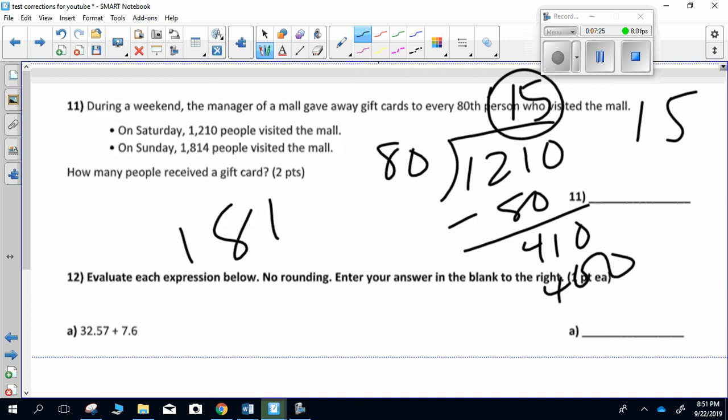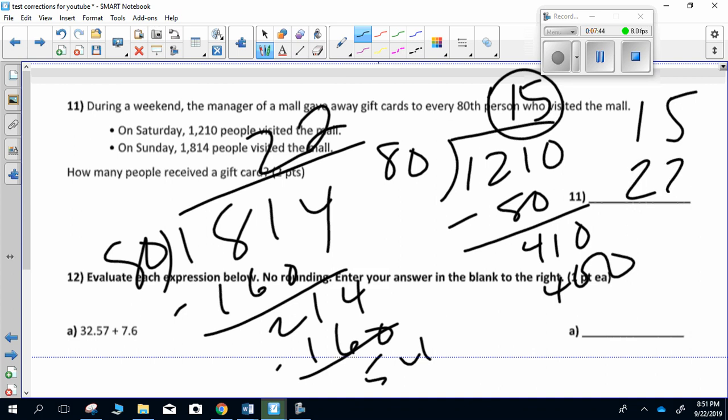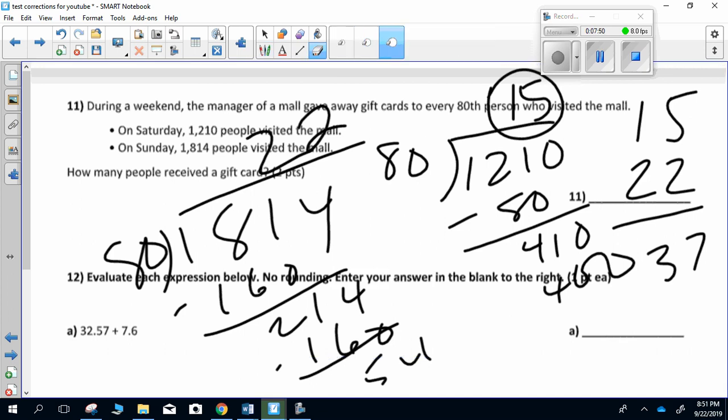And then 1814 divided by 80 is 22 people. So on Saturday, 15 people got a ticket. On Sunday, 22 people got a ticket, which gives me a total of 37 over the course of the weekend.